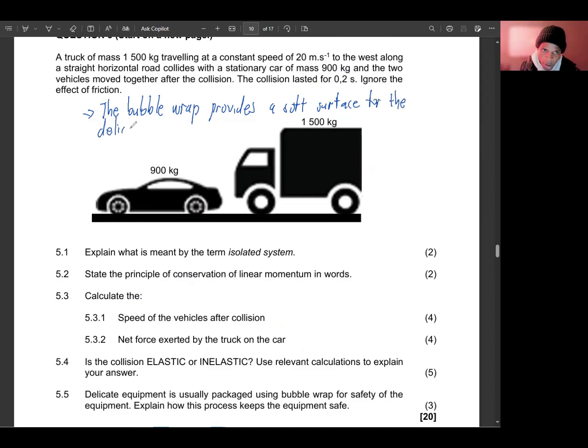So delicate equipment are those that might break if you don't make sure that they are packaged very well, right? Like your glasses, your mirrors, and all this other fragile material that you might buy.